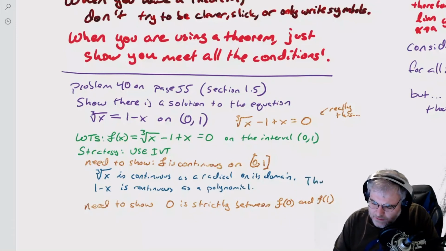Thus, their algebraic combination, the cube root of x minus 1 plus x, equals f of x, is continuous everywhere.